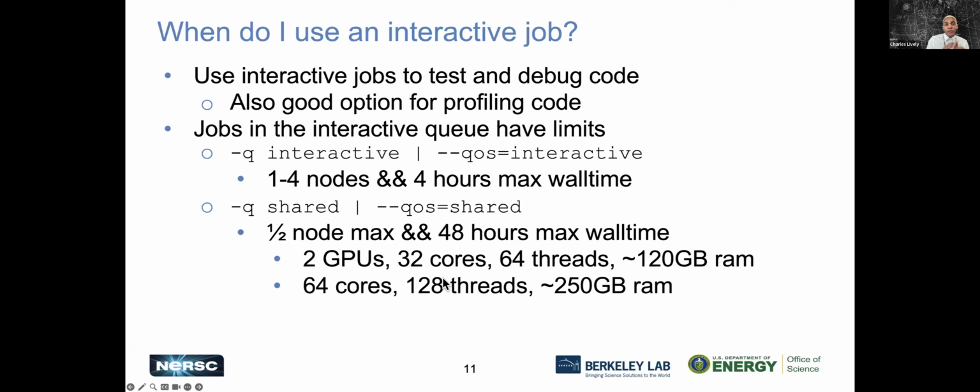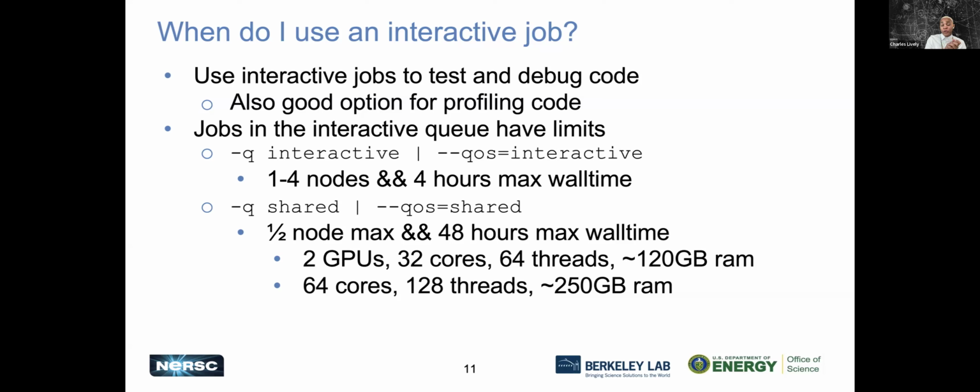And so when do you want to use an interactive job? You want to use it to test and debug code. Also, it can be good for profiling as well. For the interactive quality of service, you'll use the flag qos equals interactive. And there are specific limits. You have 1 to 4 nodes that can be used, and you have a max wall clock time of 4 hours.